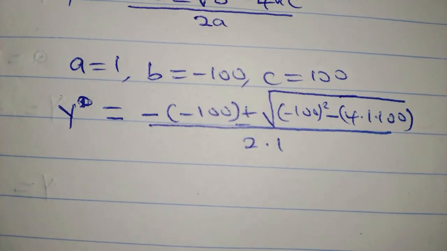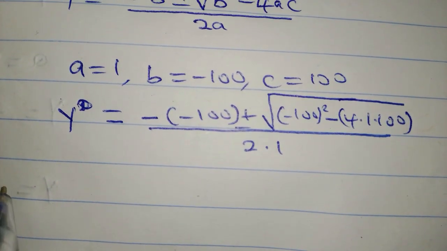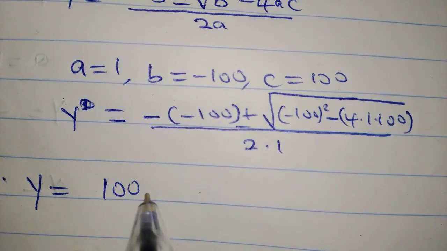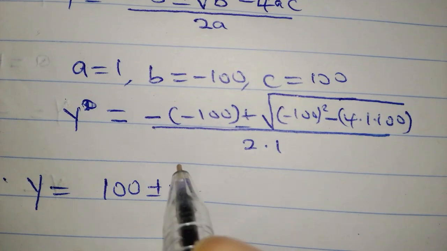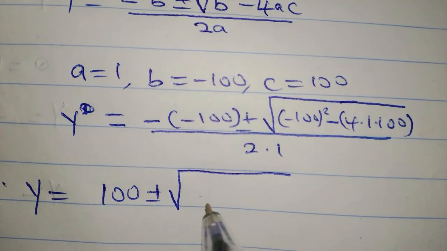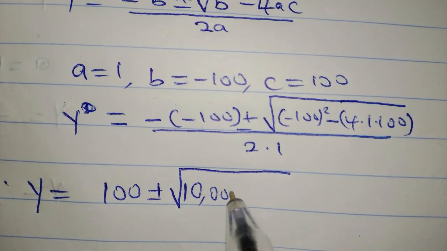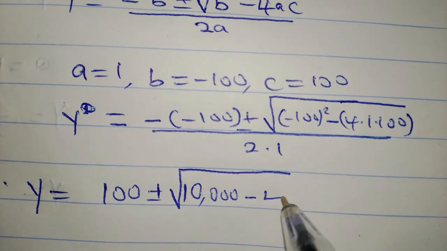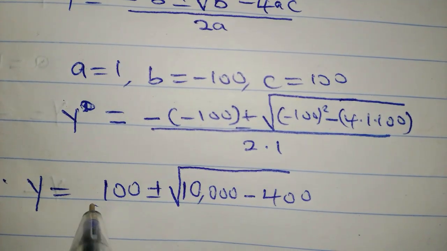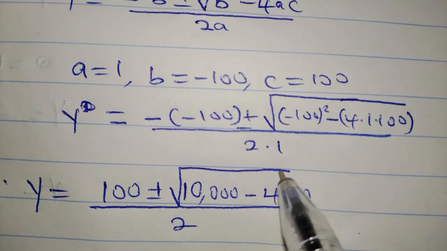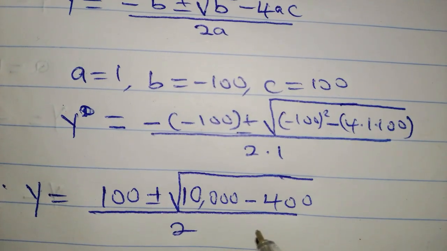Having done this now, we have our y to be equal to 100 plus or minus the root of this. We have this one to be 10,000 minus 400 over 2.